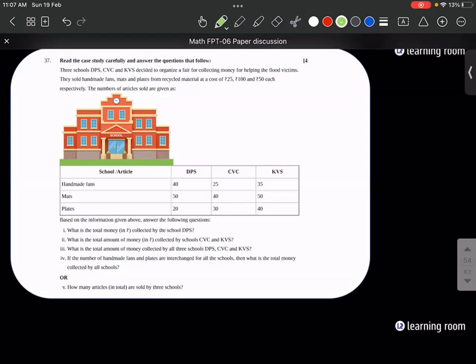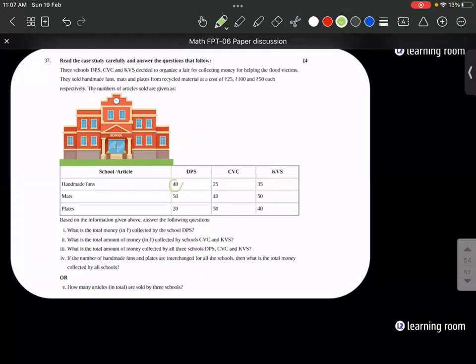Those who wrote the test from home, at least you can look at your paper and tell me, what is the answer? Sir, first one 7,000, sir.